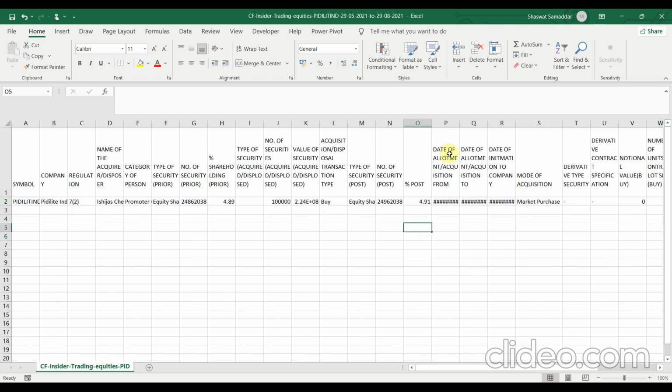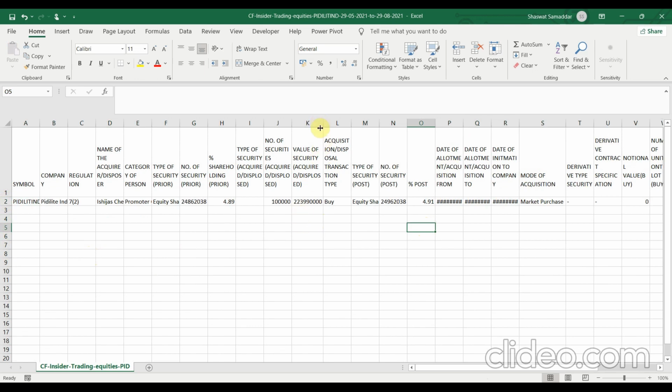Once you have done with that, we have only one row. Now, how do we calculate the average price? It's pretty simple. We will divide the total value of security, in this case, that is this particular number, by the total number of security. In this case, it is this particular number. We don't have to total it.